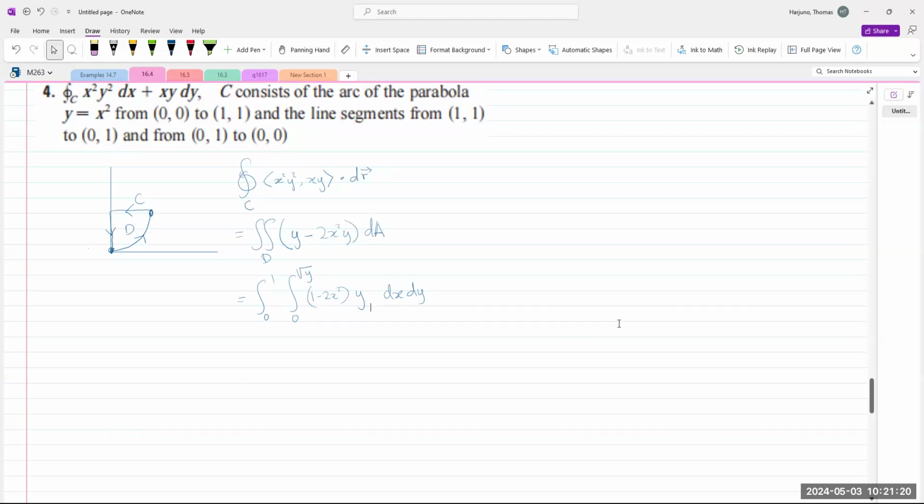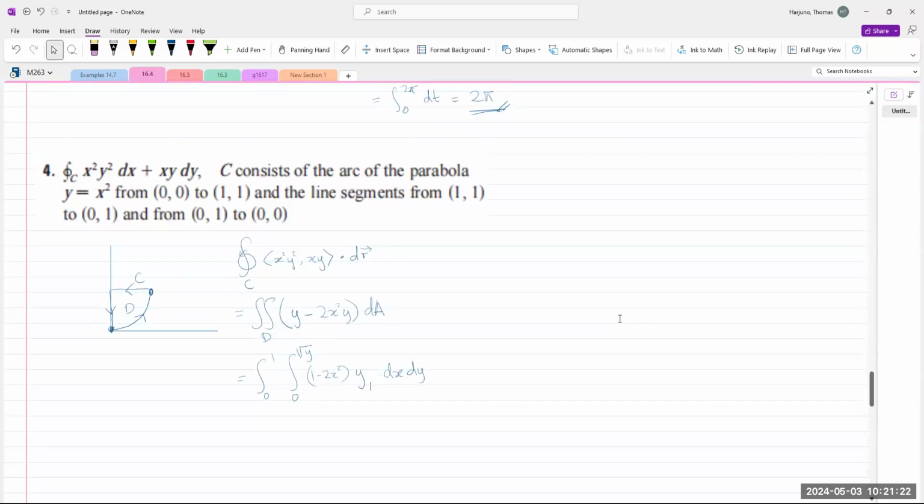Can you follow me so far? I hope I don't make a miscomputation though. Is it easier to integrate it that way? Or instead I will integrate from 0 to 1 and then from x squared to 1 of 1 minus 2x squared y dy dx. I think this is easier.